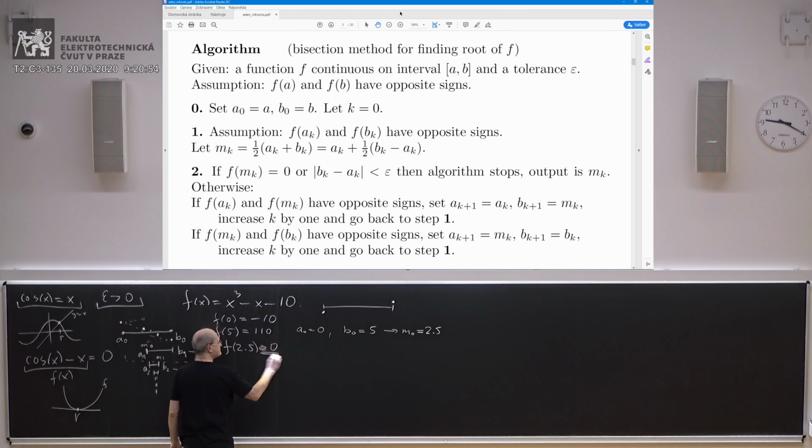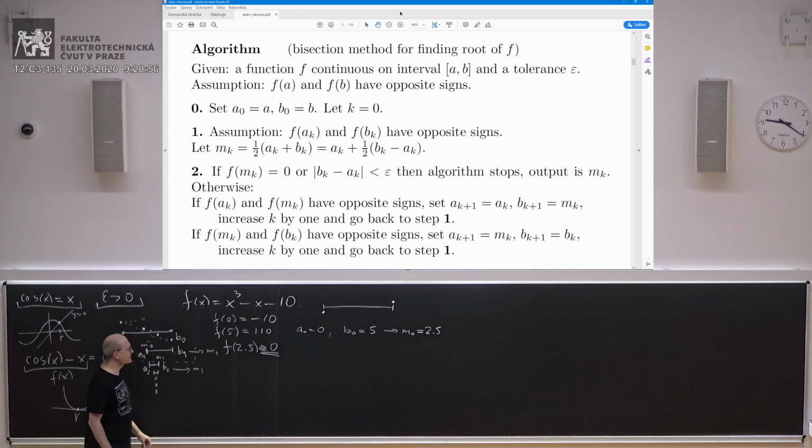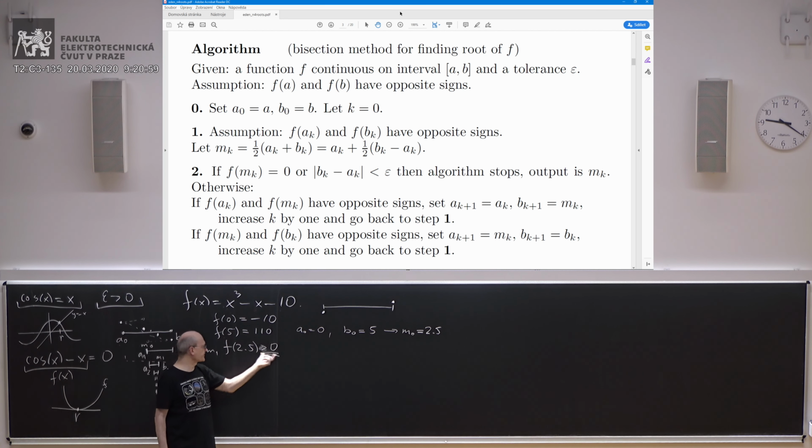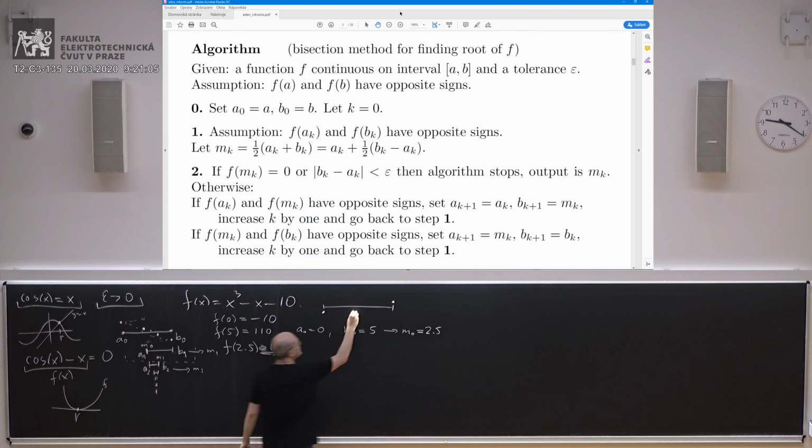Positive. I'm lucky that I didn't get close to 0 yet. Then I would have to really do precise calculations. But this I can guess or guesstimate. So in the middle, the sign is positive.